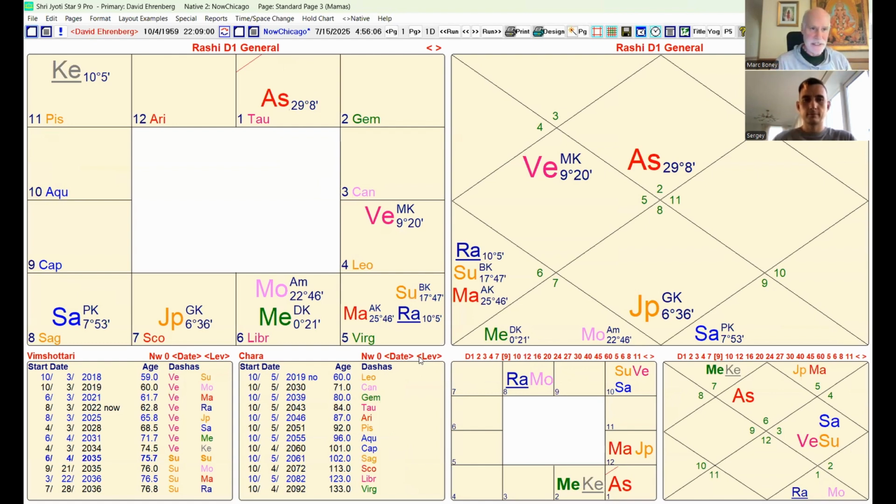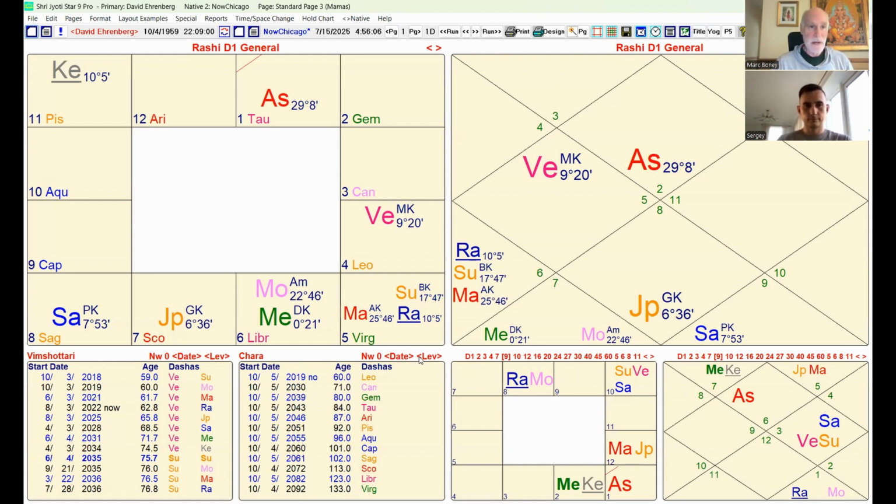Look at two things. It's the fourth house of the horoscope. Fourth house rules property, homes, also vehicles. Venus happens to be there, but Venus happens to also be the MK, the planet with the fourth highest degrees, and therefore carrying all the significations of the fourth house, including home and property.